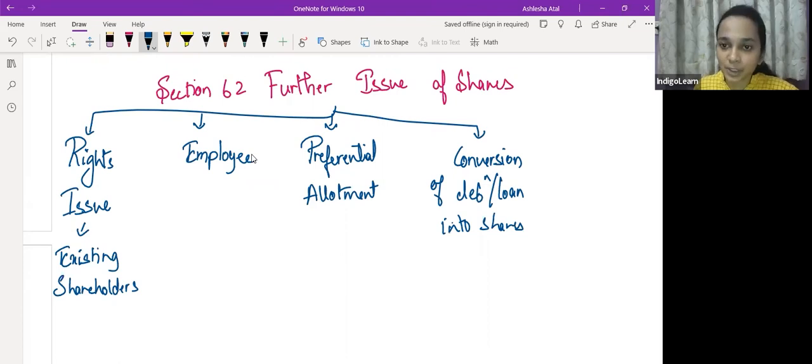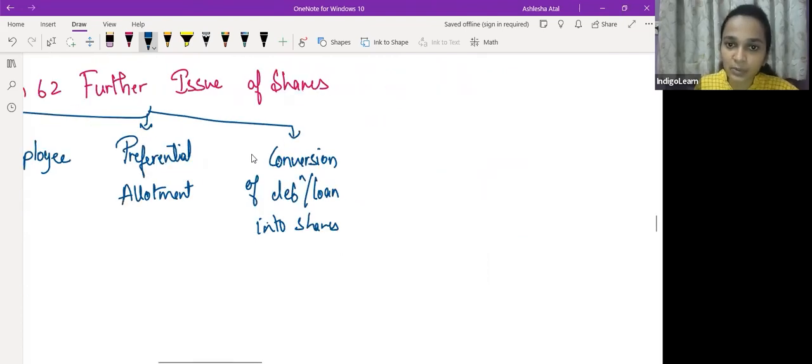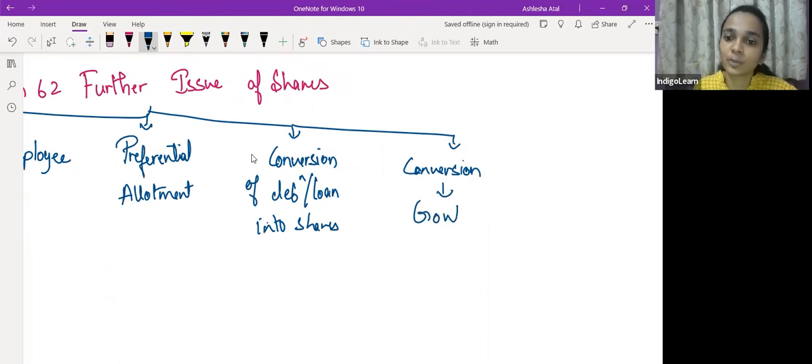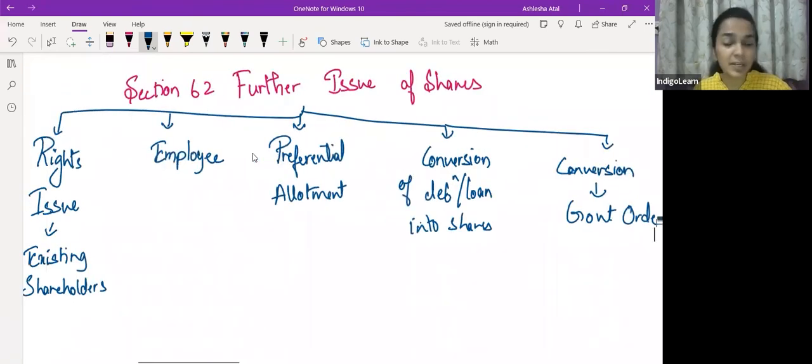Then the last point is also on the same lines. It is also about conversion of debentures or loans into shares, but here it is on the government's order. Okay. So these are the different means as to how a company can make a further issue of shares. So let's first talk about rights issue.